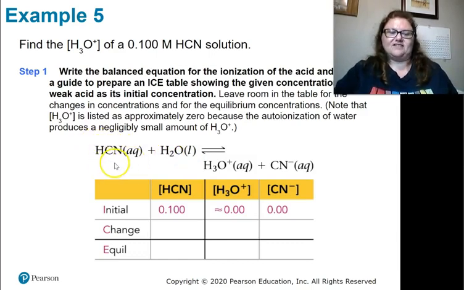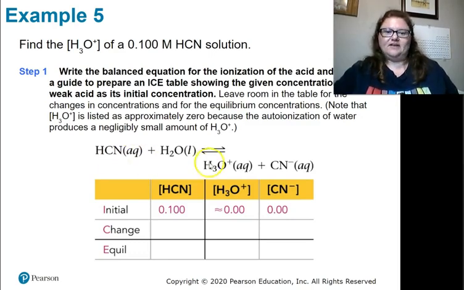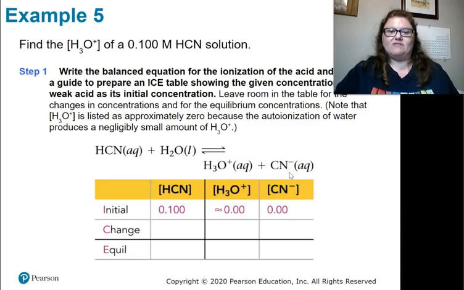We're told this is an acid, and so that proton is going to go to the water. Here it is, H3O. What's left after that proton leaves? Just the CN, the cyanide anion. So we write that. It's an equilibrium because this doesn't completely break apart. Some of it remains in solution.